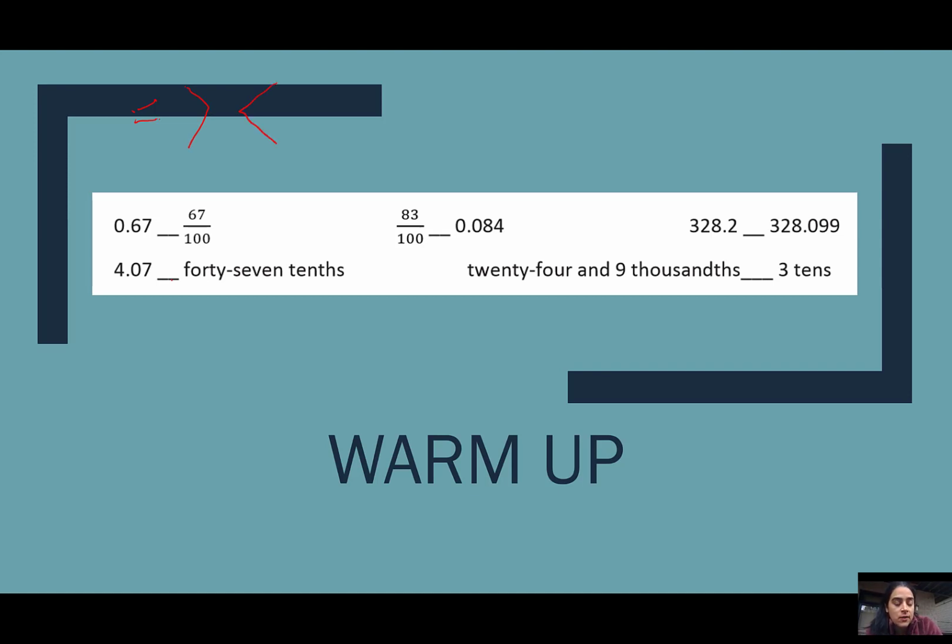So 67 hundredths and 67 over 100, what do you think about that? 83 hundredths or 84 thousandths, 328 and 2 tenths, or 328 and 99 thousandths, 4 and 7 hundredths versus 47 tenths. And then the last comparison is 24 and 9 thousandths versus 3 tenths.